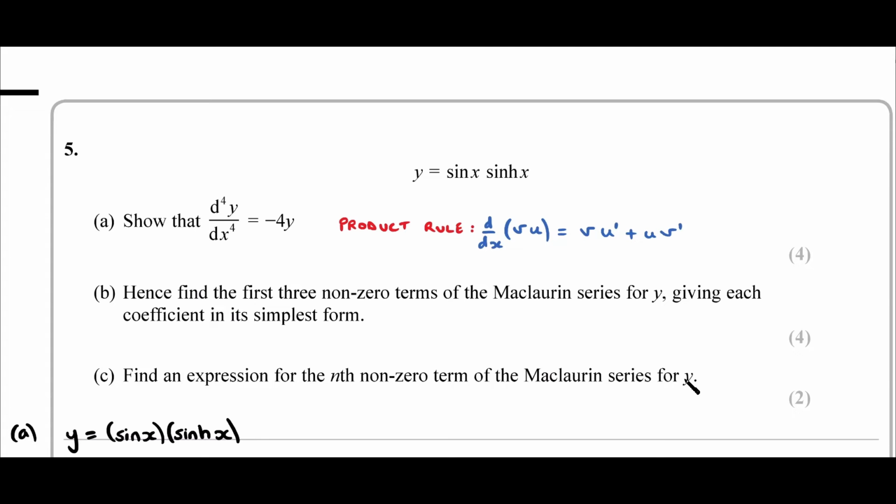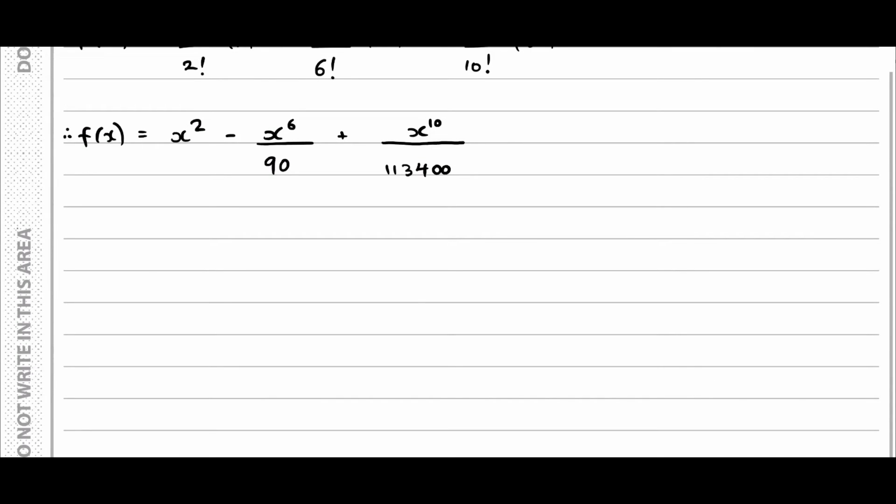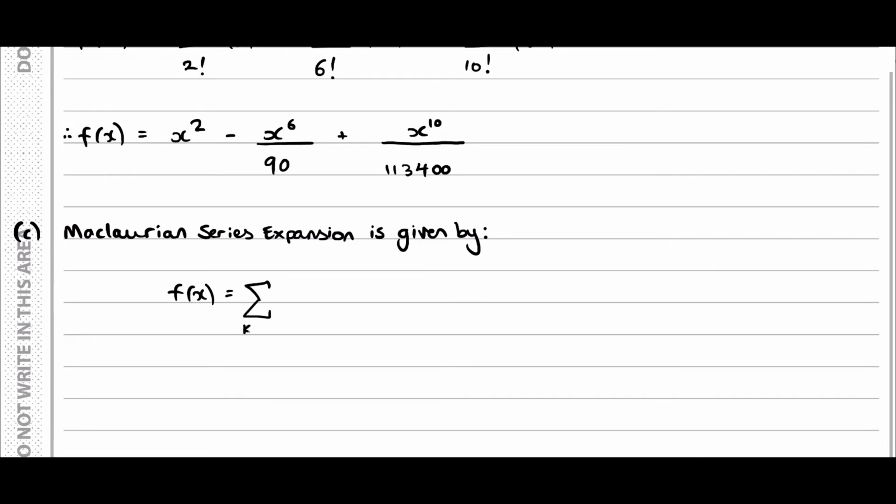Now, there's one important rule which you have to know for a Maclaurin series expansion: we have f of x, which is equal to the sum from k equals 0 to infinity of f of k at the point x equals 0, the kth derivative of f at the point x equals 0, multiplied by x to the power of k over k factorial. So this is something which you need to know.